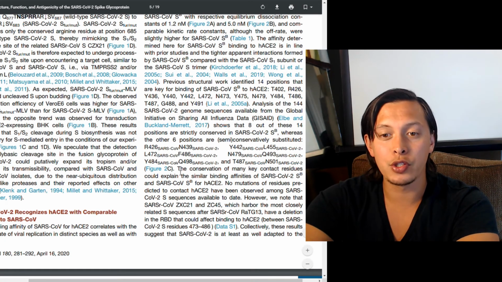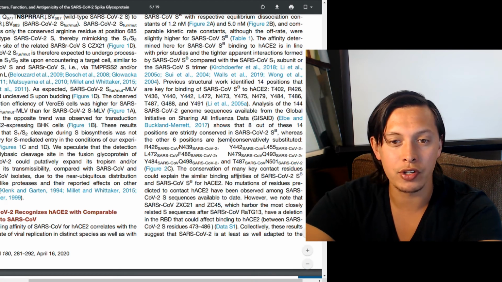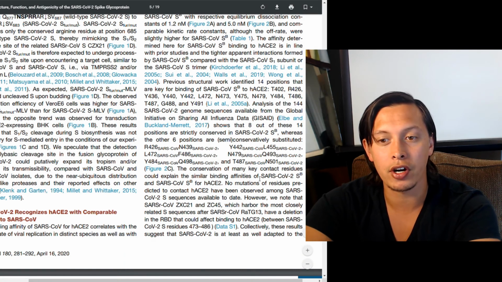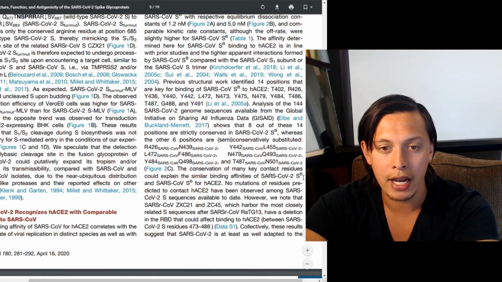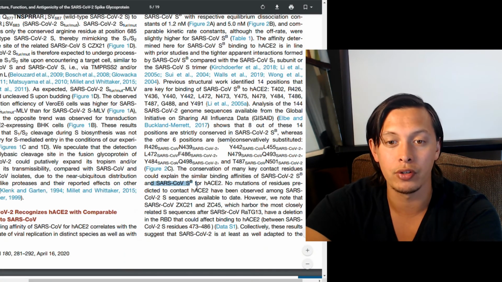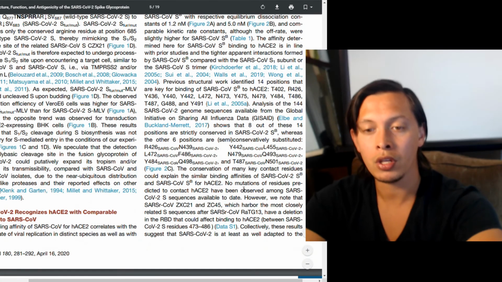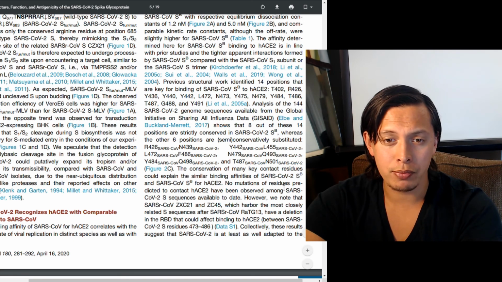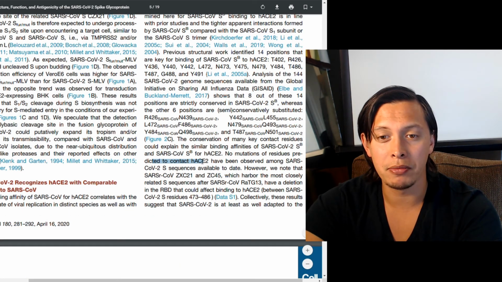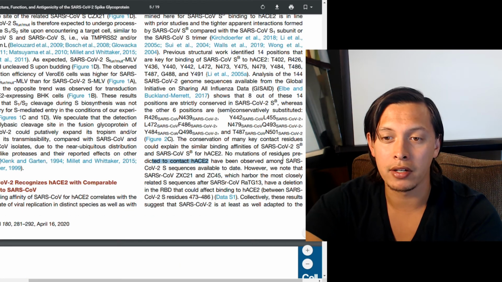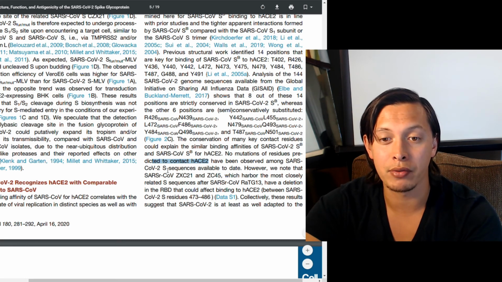The conservation of many key contact residues could explain the similar binding affinities of the SARS coronavirus 2 S-sup B and the original SARS coronavirus S-sup B for the human ACE2 receptor. No mutations of residues predicted to contact the human ACE2 have been observed among the SARS coronavirus 2 spike sequences available to date.